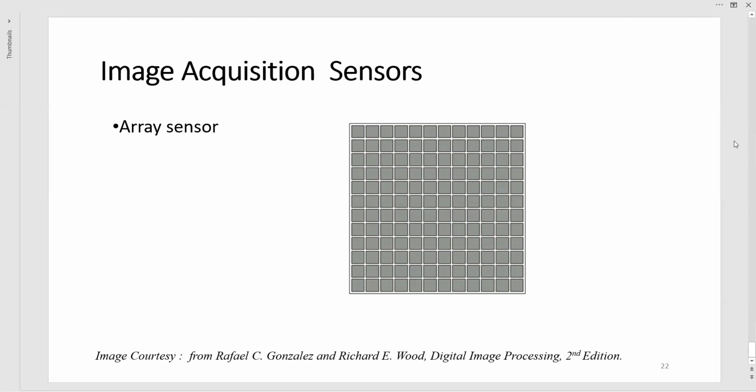Nowadays the most used acquisition tool is also available in this form, the digital camera. Here the illumination source reflects the energy from a scene element, and the first function performed in the imaging system is to collect all the incoming energy and focus it onto an image plane. This is how this entire array sensor works.